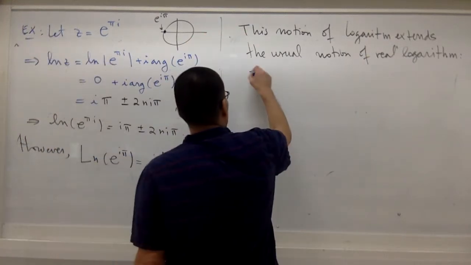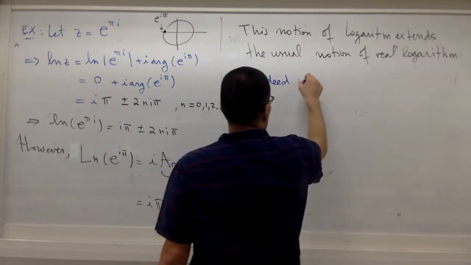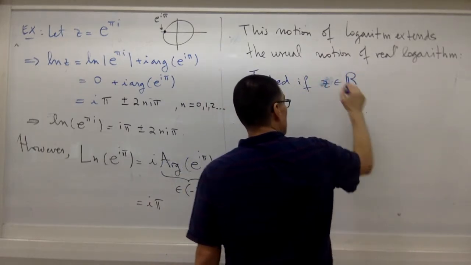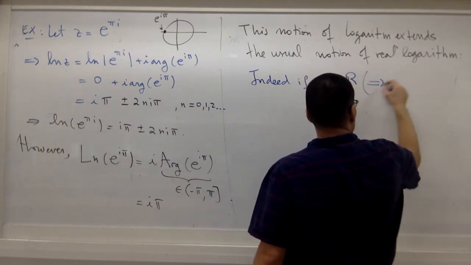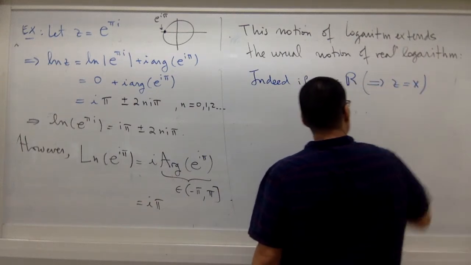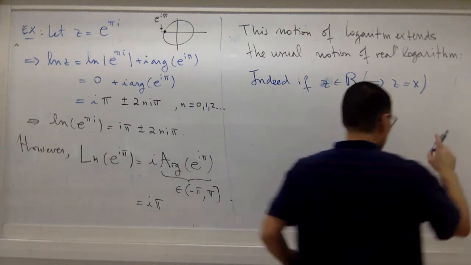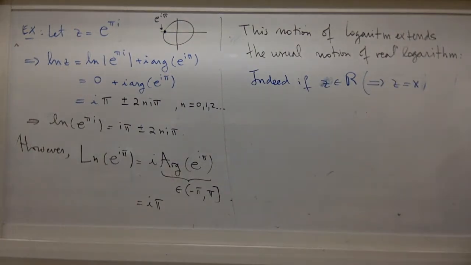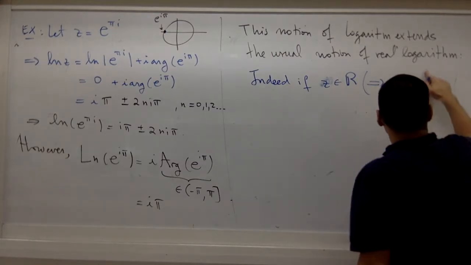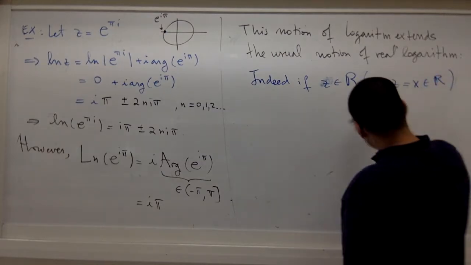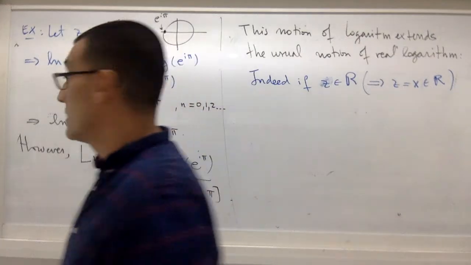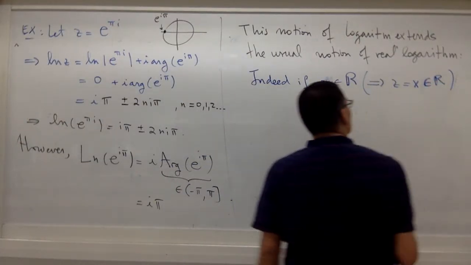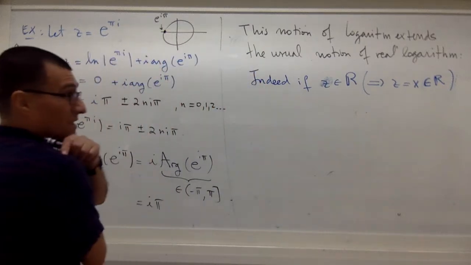Indeed, if z is real, that means that z is equal to x, so z is equal to its real part. What are you going to get there?